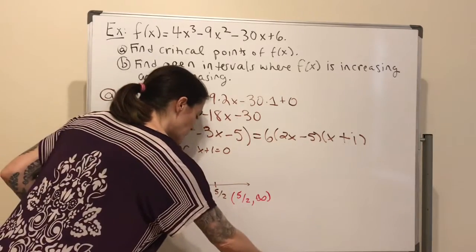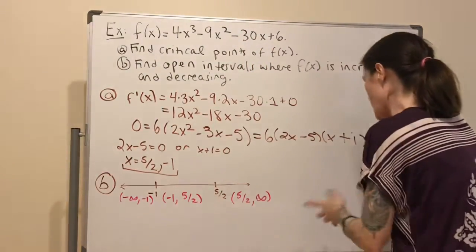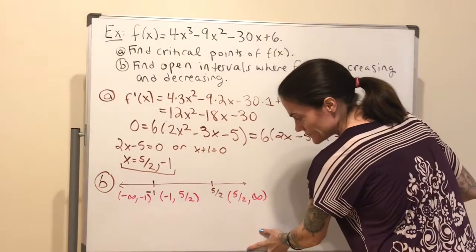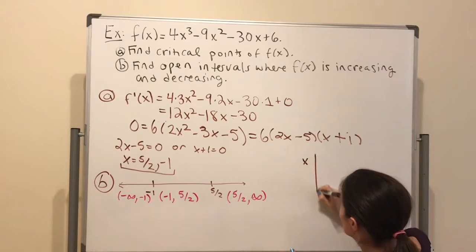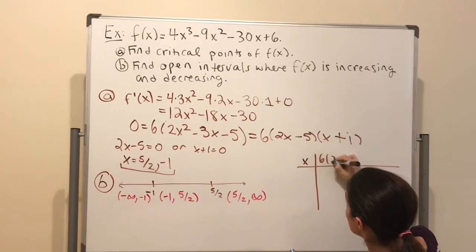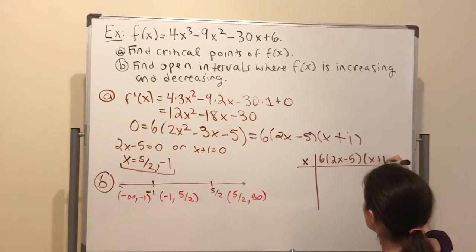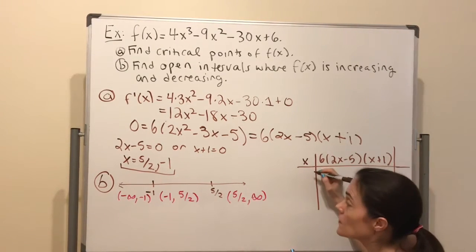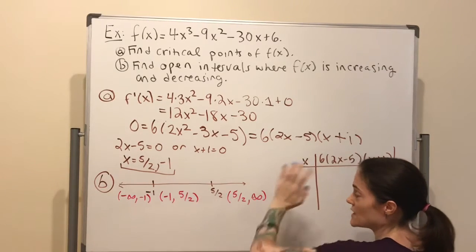What I will typically do is make a little chart where we have x, and then the derivative is 6 times (2x minus 5) times (x plus 1). And then we can pick a point in each interval and just test.